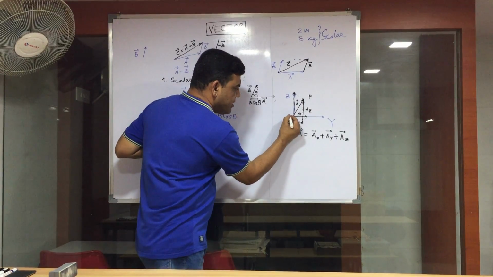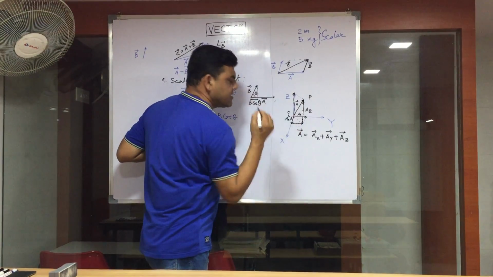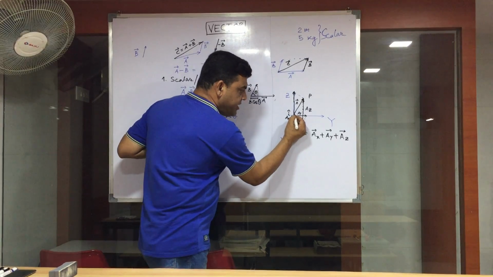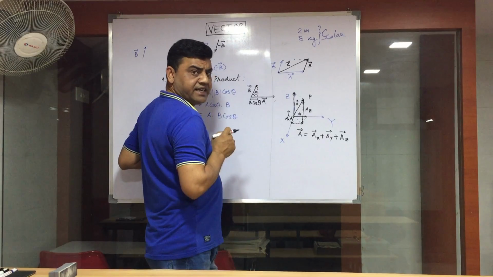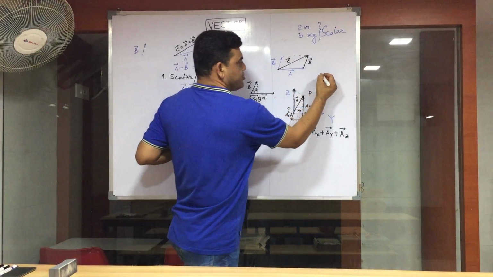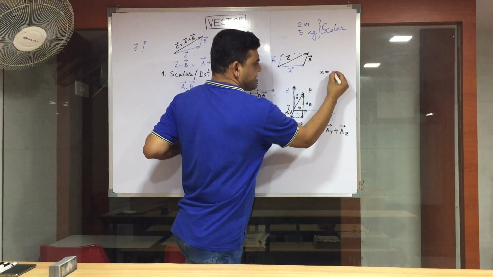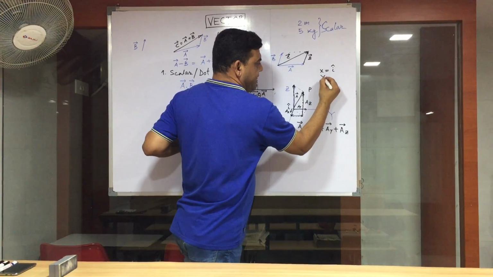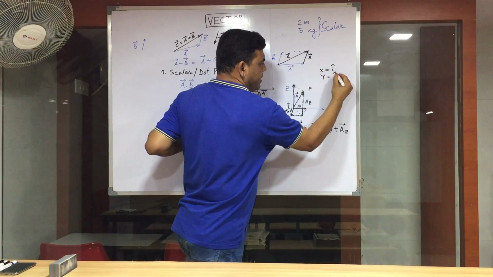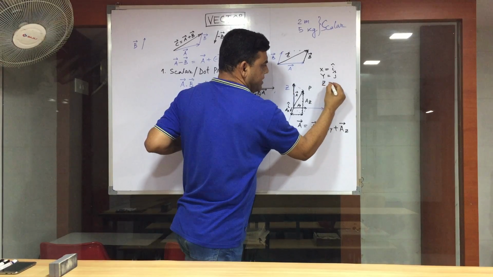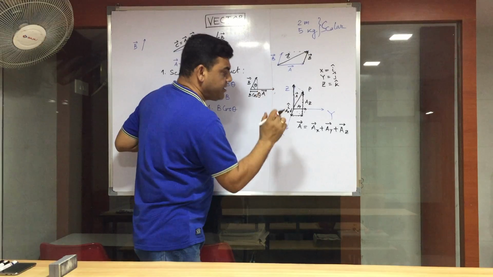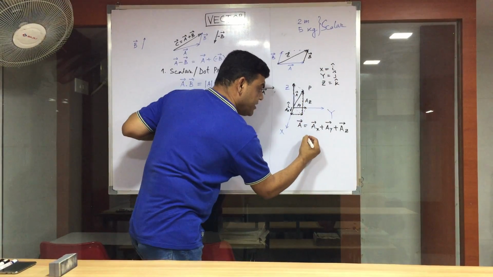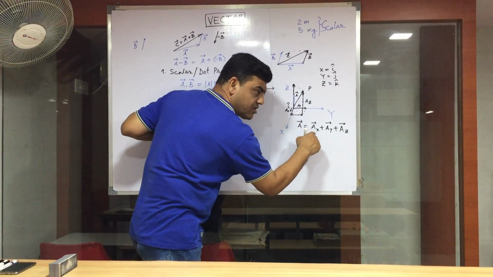This is generally represented as i cap. One unit along the y-axis would be j cap. One unit along the z-axis would be k cap. So along the x-axis it is i cap, along the y-axis it is j cap, along the z-axis it is k cap. So the same vector I can re-represent using the unit vectors and the magnitude of each component.